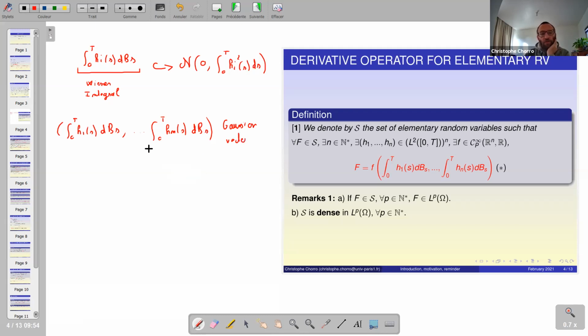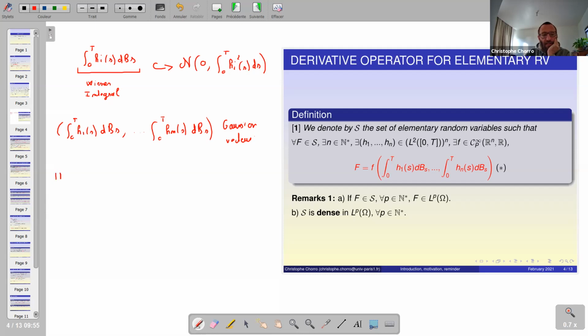This has a consequence on the moments of capital F, because what can I say about capital F? Capital F is a random variable having this form here, with f that is of class C infinity with polynomial growth.